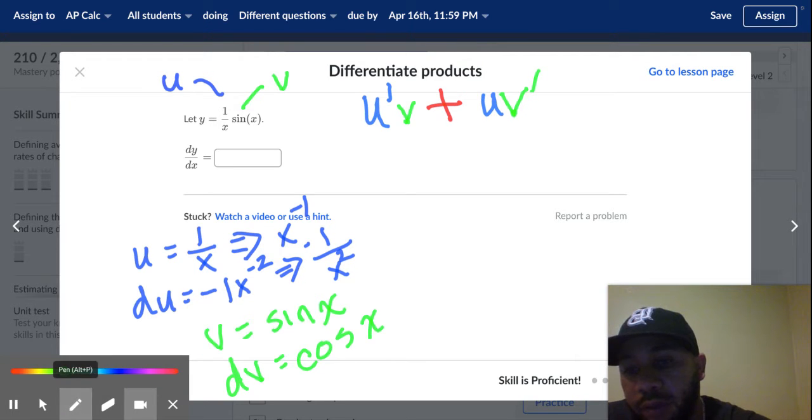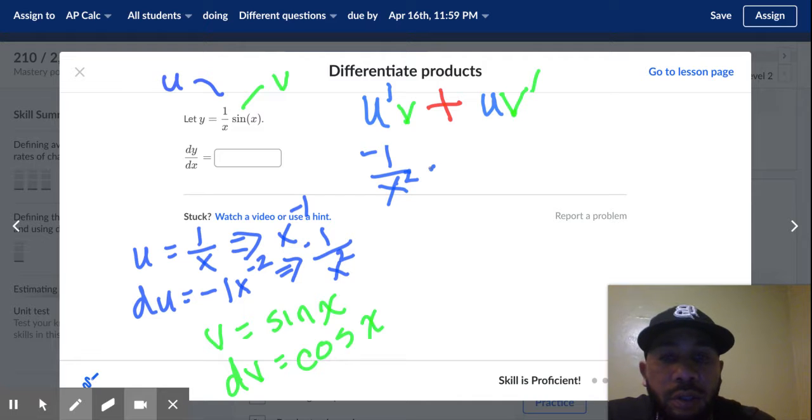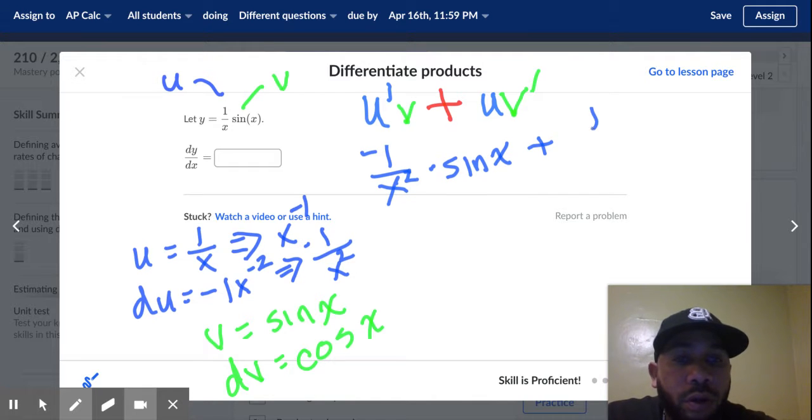Just write it in: negative 1 over x squared times sine x, plus 1 over x times cosine x.